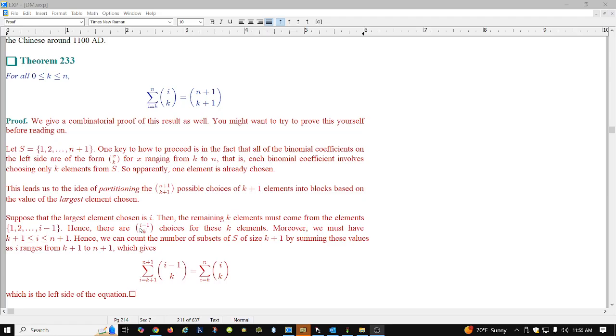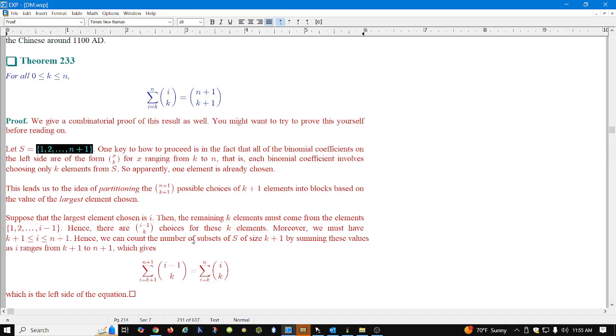Also, i has to be between k plus 1 and n plus 1. The largest element in this setup, of course, can't be bigger than n plus 1, but i has to be bigger than or equal to k plus 1 because we're choosing a total of k plus 1 elements.